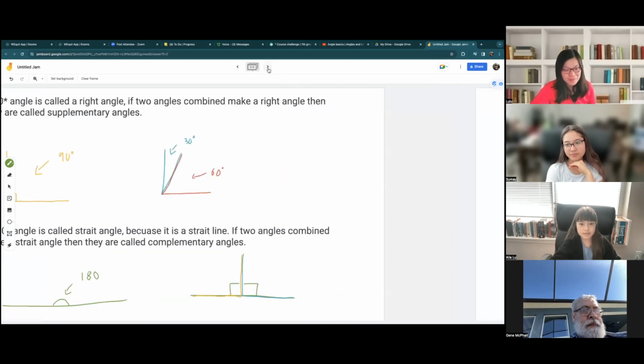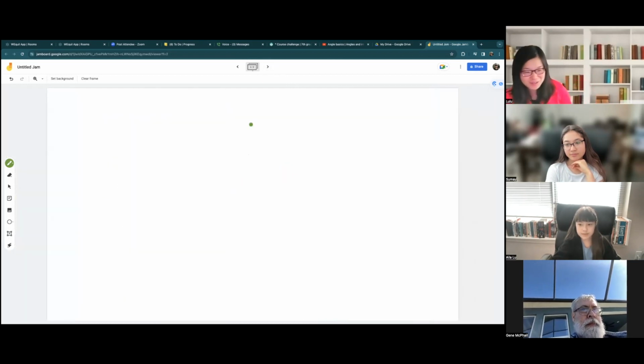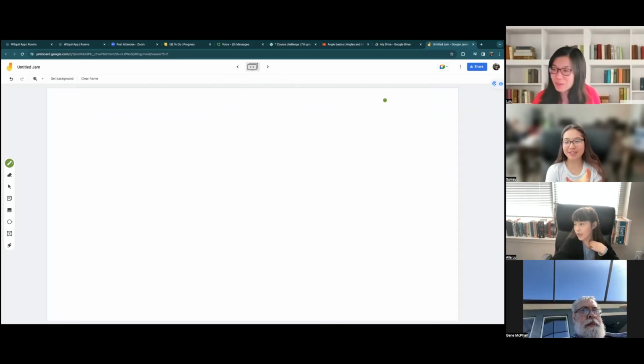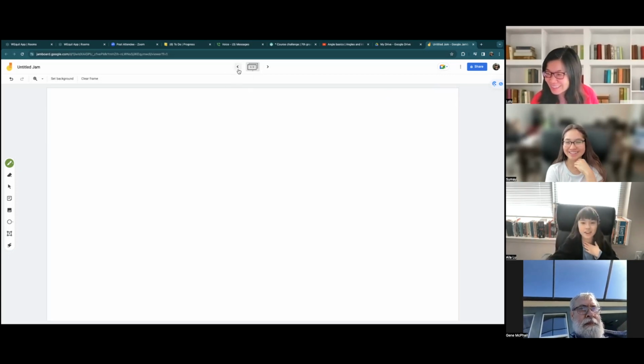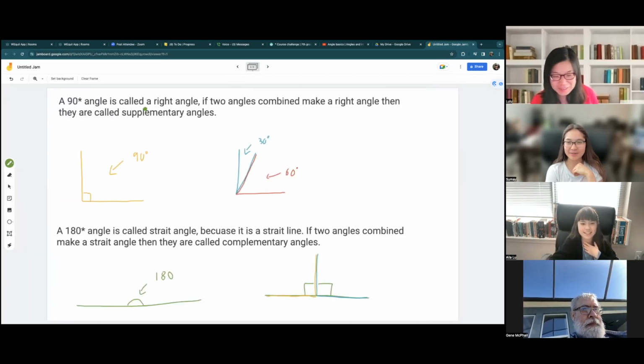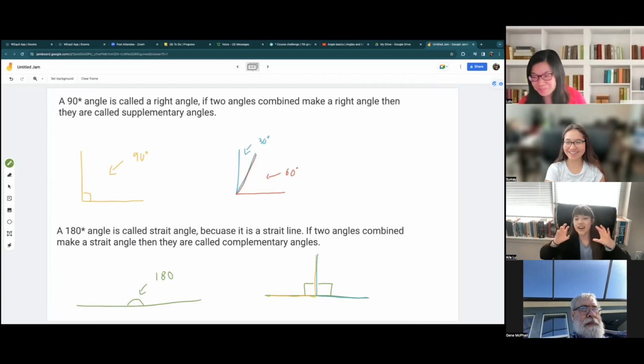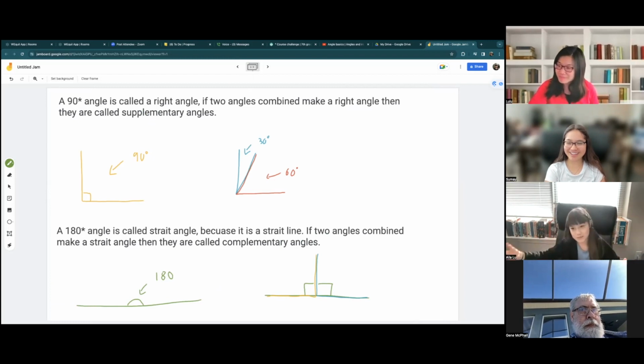All right. When you do your splits, you try to get 180. Yeah, you try to get straight. You try to get compliments from the instructor. Yeah, that's why it's called complementary. That's how you remember it. Exactly. So if you do 180 splits, you'll get lots of compliments.